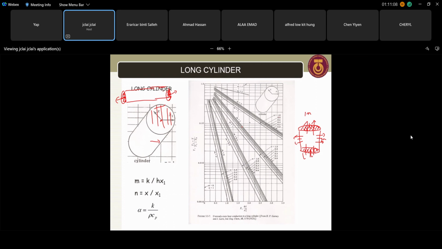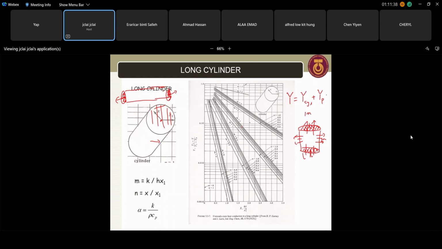You need to combine your Y: Y of the long cylinder plus Y of heat loss through the two surfaces. These two surfaces can be considered as a large plate. So this one I'll explain in the next lecture, next week. I think it can be completed within 1 hour.